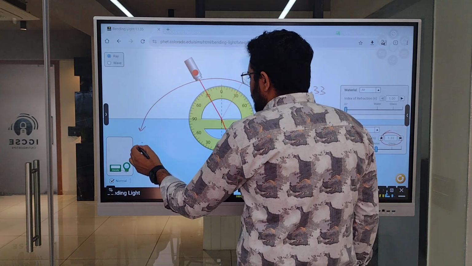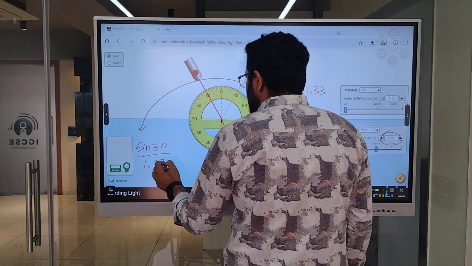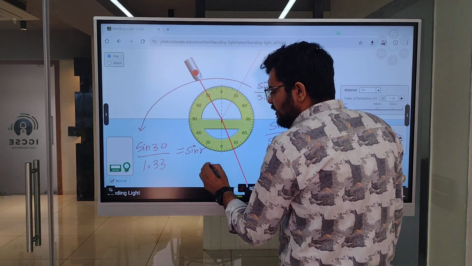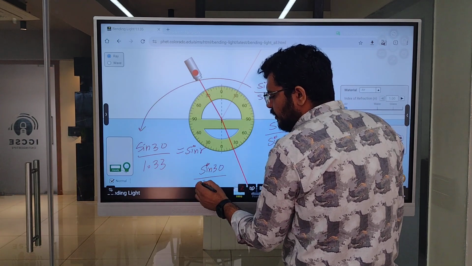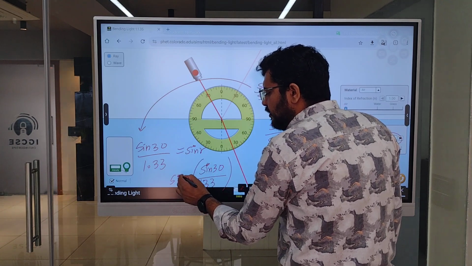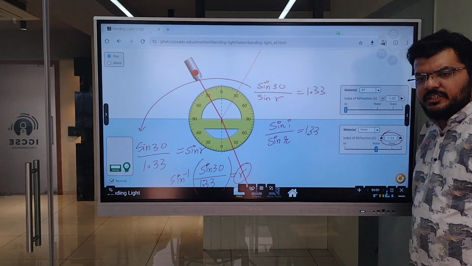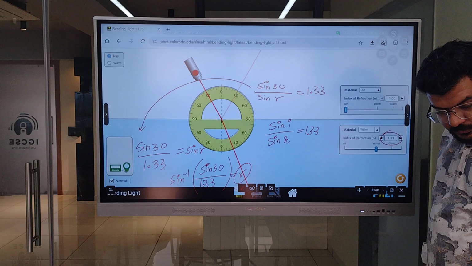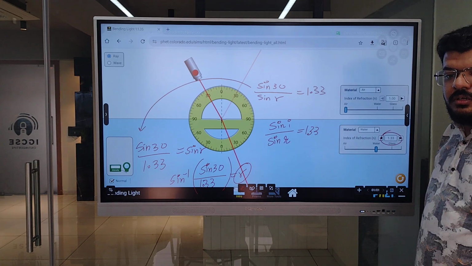See, what you do is you will write sine 30 upon 1.33 is equal to sine R, and then you will write sine 30 upon 1.33, and sine inverse is nothing but the refracted angle. Tell me, what is it? Can you find it out? 0.37. It will be in radians.